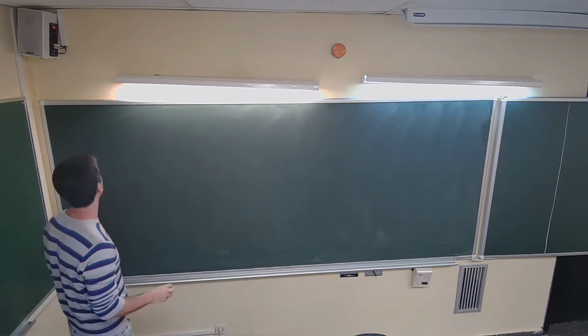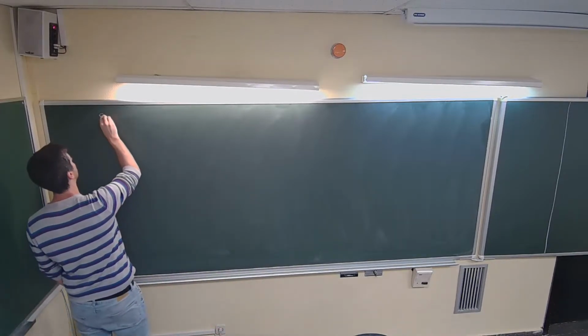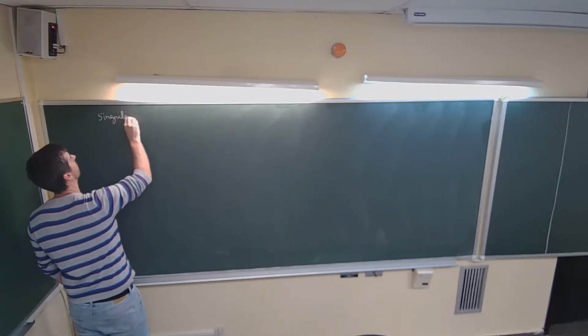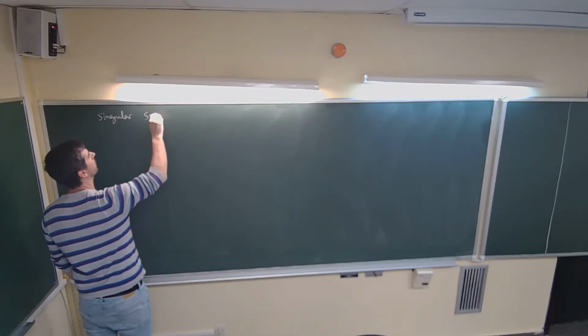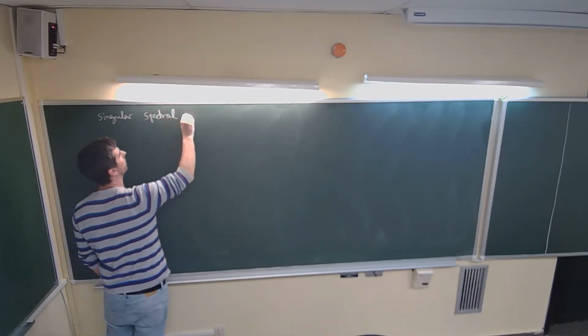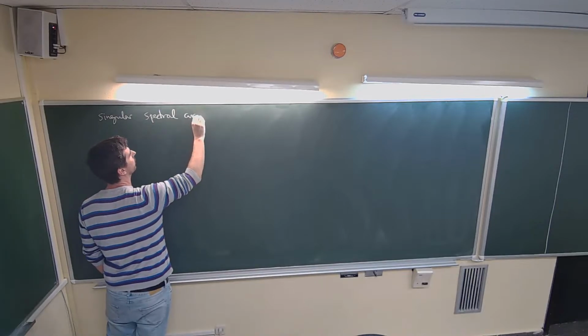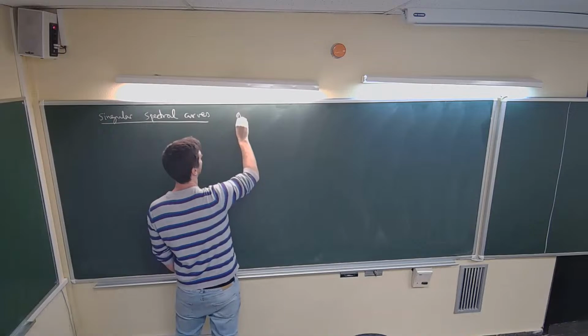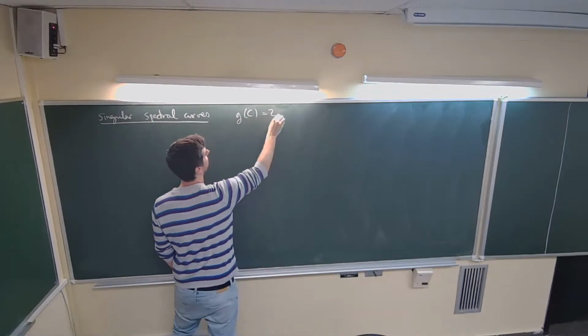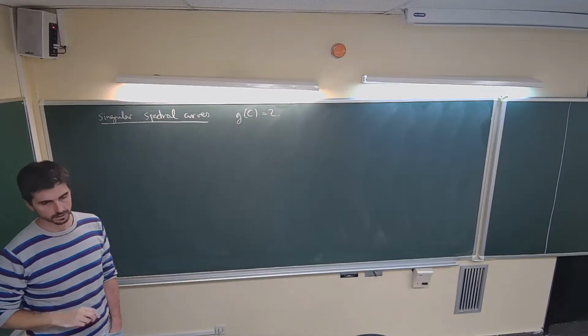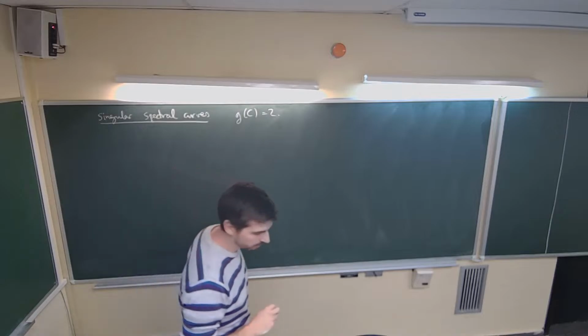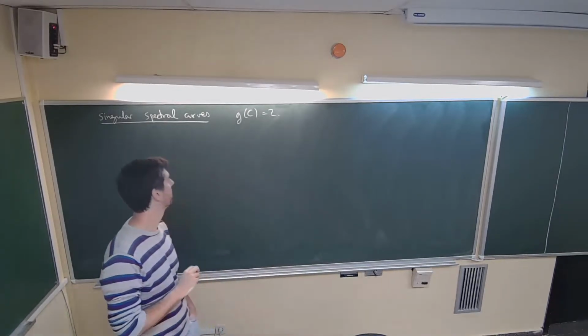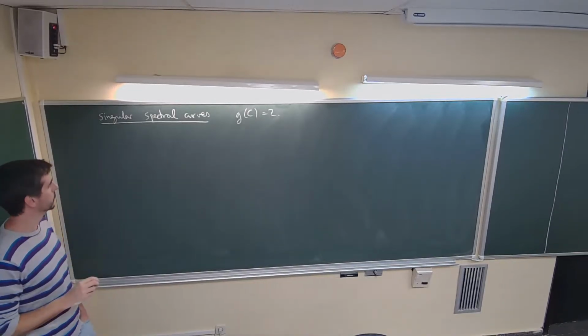So first of all, let's compute the singular spectral curve. Know that we're working with this rank 2, oh sorry, genus 2 case.